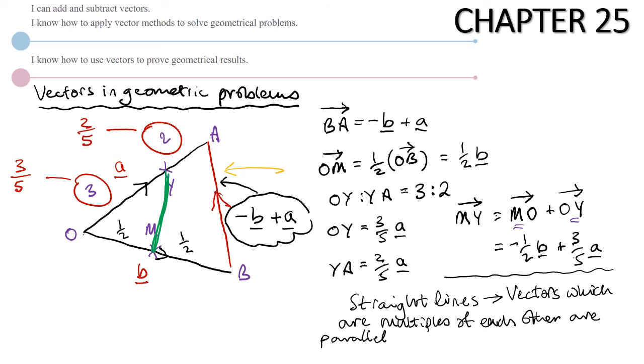And if I've got vectors which are parallel, if they start at the same place, then it means we've got a straight line. So sometimes we get questions that say prove something is a straight line. Well, all we need to do is to show that I've got vectors which are multiples of each other, and multiples means they're parallel and they start at the same place.